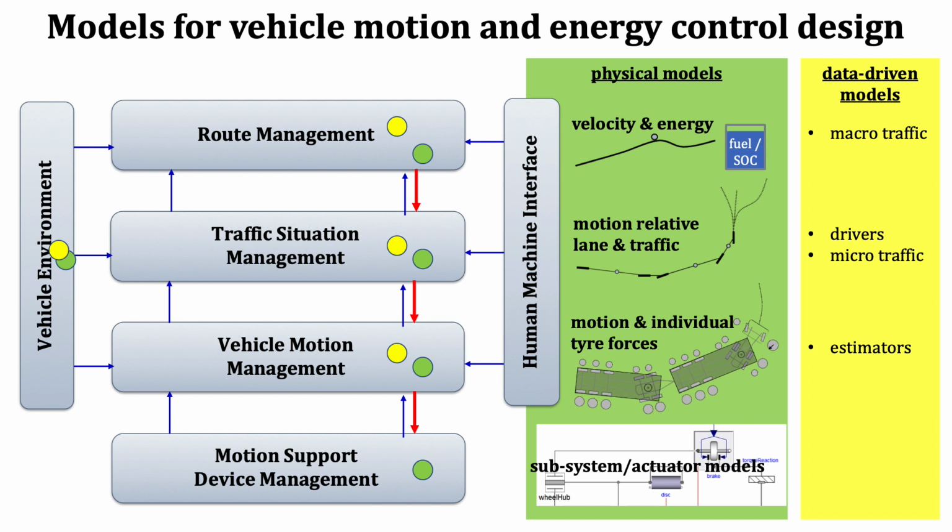On this level, we might need models of other drivers, what is happening in the other cars around us, and then the micro traffic models. They can also be data-driven. On the last one here, I take estimators as an example of data-driven. So the conclusion is that we can't say that we need one or the other, but we need to utilize them smartly.